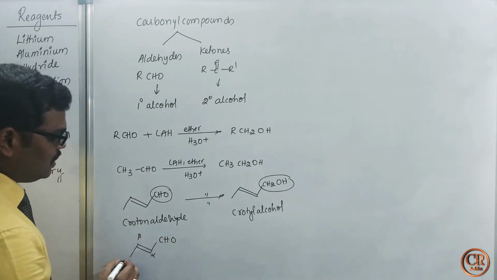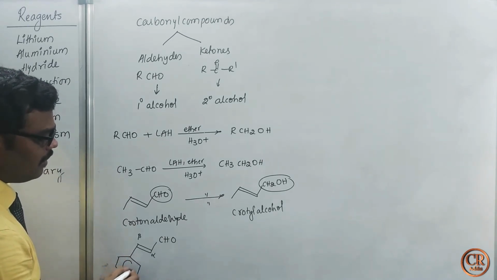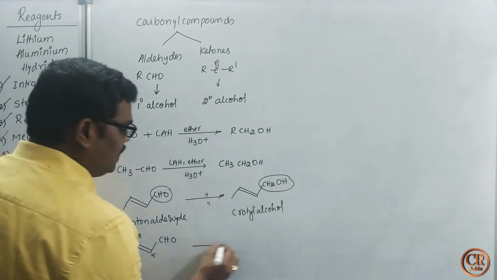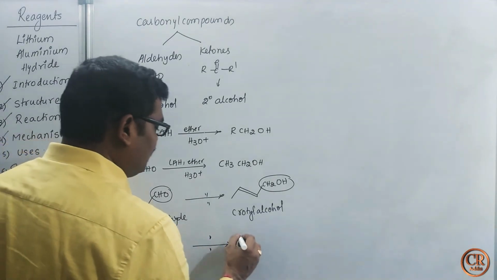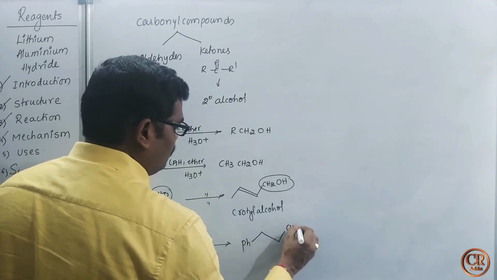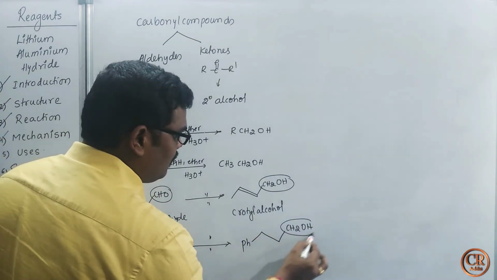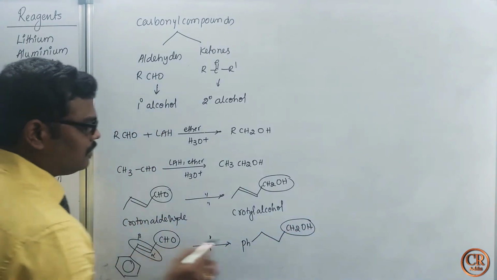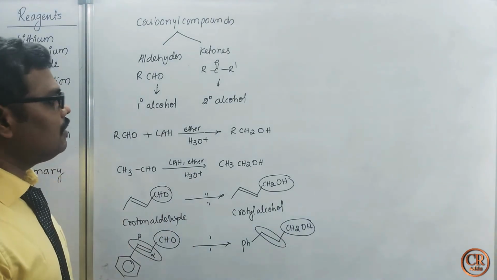But at beta position, if there is a phenyl ring in alpha beta unsaturated aldehyde, then this double bond is also reduced. So here the difference: aldehyde is reduced to alcohol and double bond is also reduced to single bond. This is with the aldehydes.